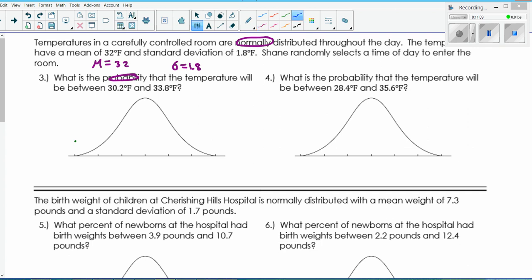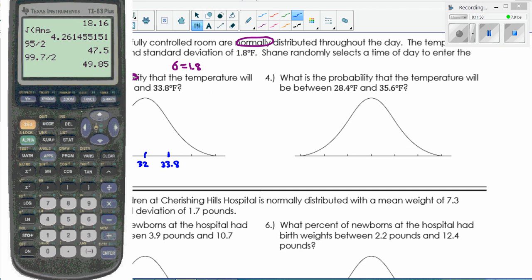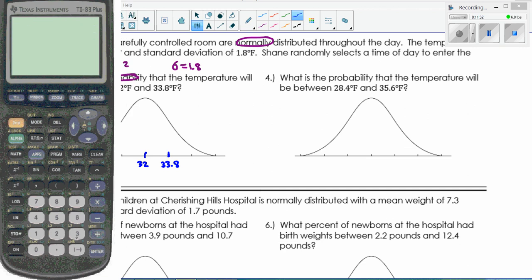Okay, so what we do is we start by saying this is my mean, which I know is 32. And then for my standard deviation, each of these tick marks represents one standard deviation, so I'm going to go plus and minus 1.8. If I add 1.8 to this, that would put me here, and that would give me 33.8. Okay, I'm going to do that again. So 33.8 plus 1.8 puts me at 35.6.